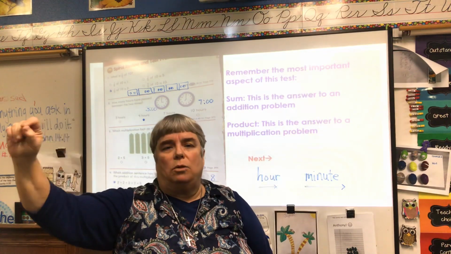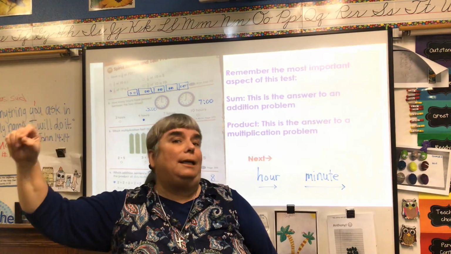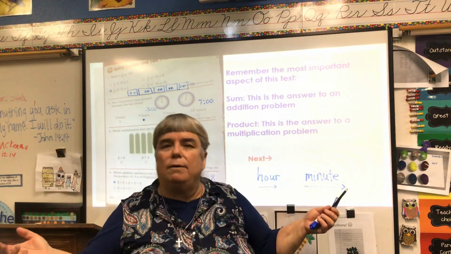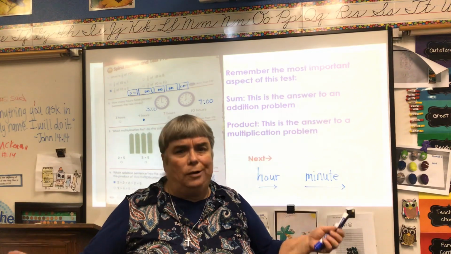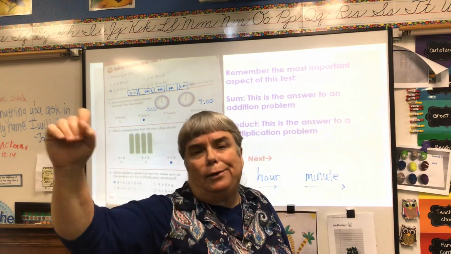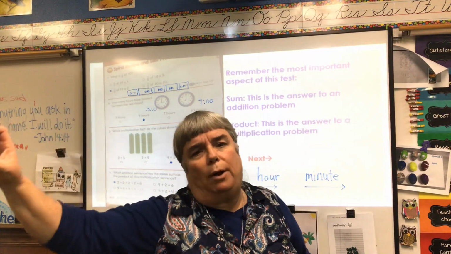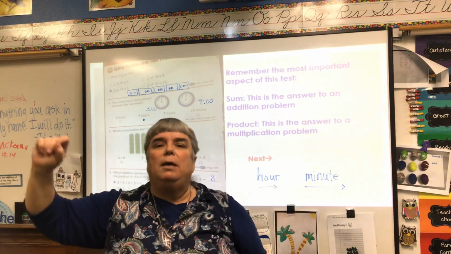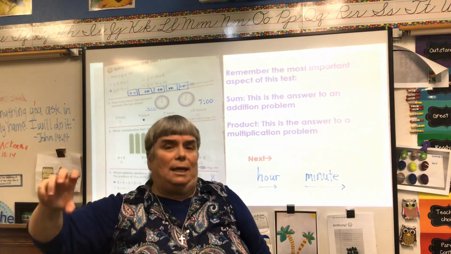Product equals answer in a times problem or multiplication problem. Multiplication is kind of a long word. What you could do is just write a multiplication problem, put a little arrow to the answer, and write the word product. And then sum, put an addition problem, put a little arrow to the answer, and write the word sum.